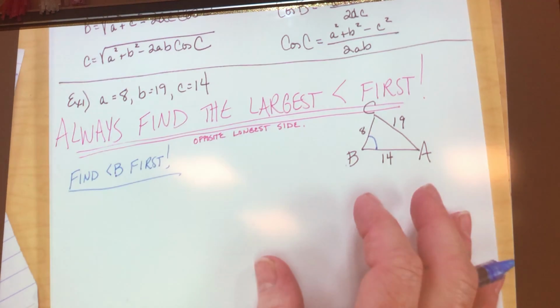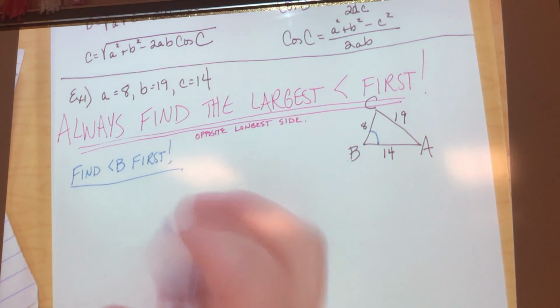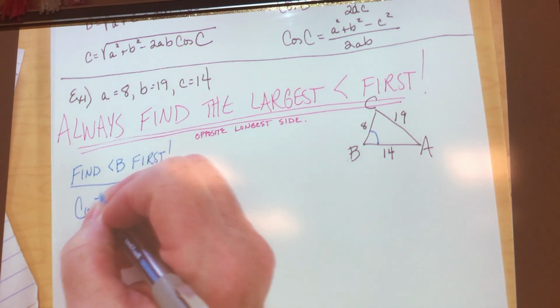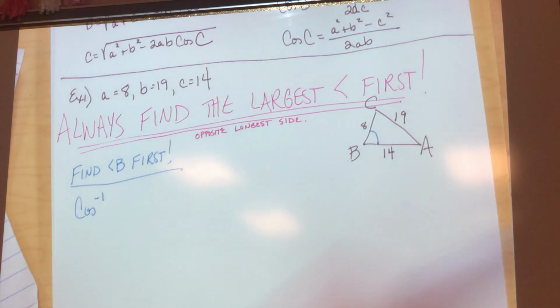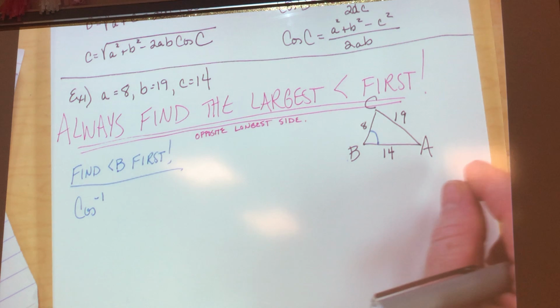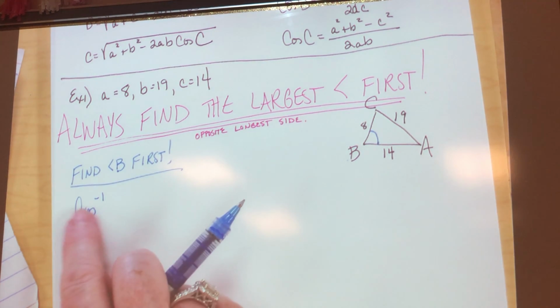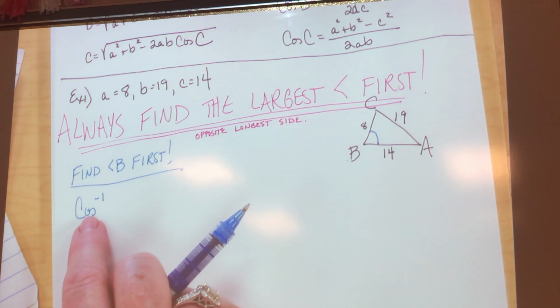All right, so I'm looking for an angle. What am I going to use? Inverse. So I'm going to go inverse cosine. Remember, y'all, you don't have a pair. You don't have any angles, so there's no way you can have a pair. You have to use the law of cosines. I have to find the largest angle first.